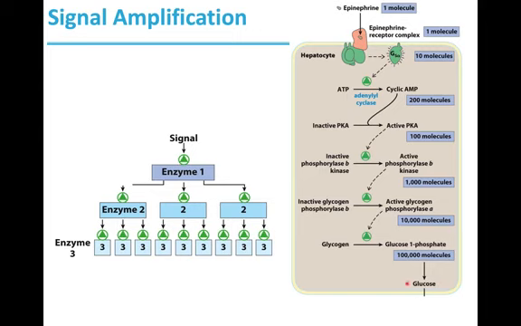Glucose 1-phosphate is further converted to glucose, which exits the hepatocyte into the bloodstream, and about 100,000 molecules of glucose enter the bloodstream. So one molecule of epinephrine can result in 100,000 molecules of glucose in the blood.